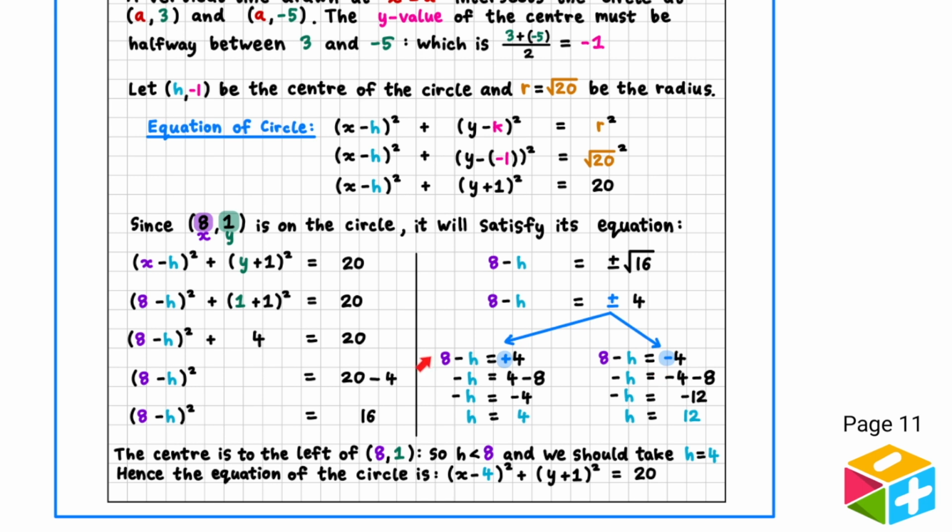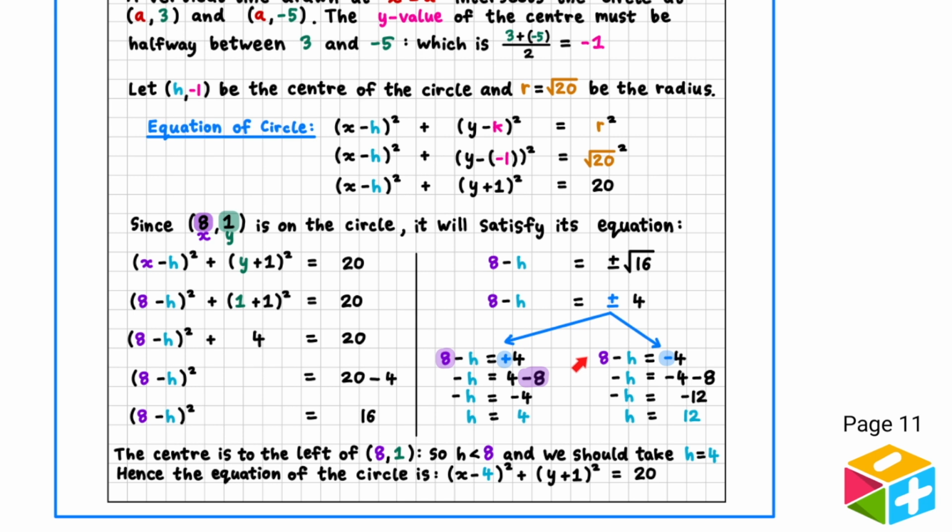Let's focus on the first case. 8 minus h is equal to plus 4. Here, I'll subtract 8 from both sides. Observe that 4 minus 8 is minus 4. And then change the signs of both sides. This gives us h is equal to 4.